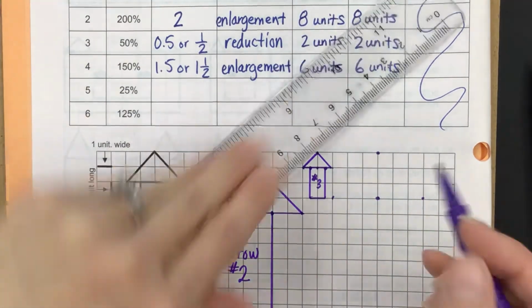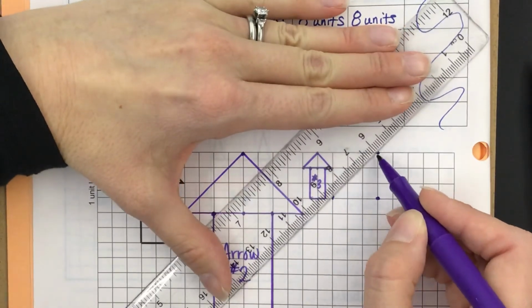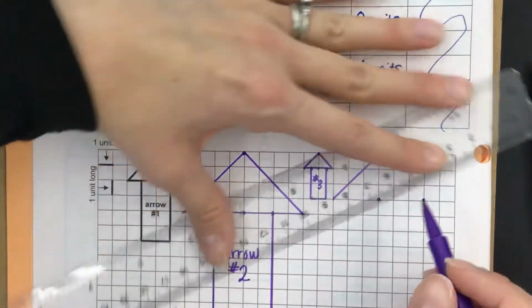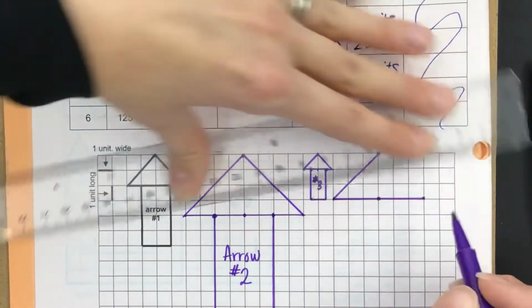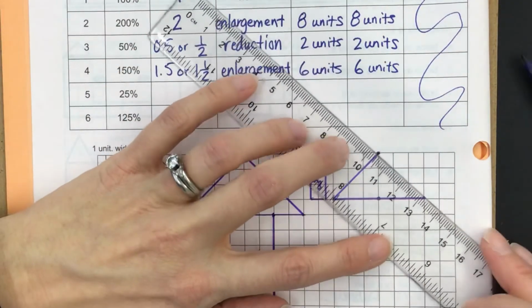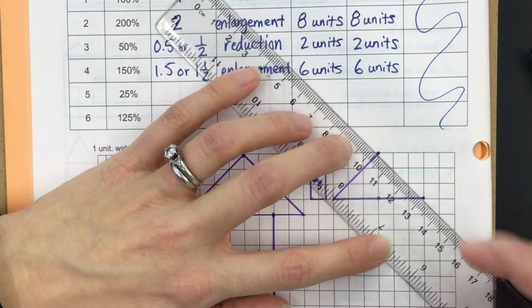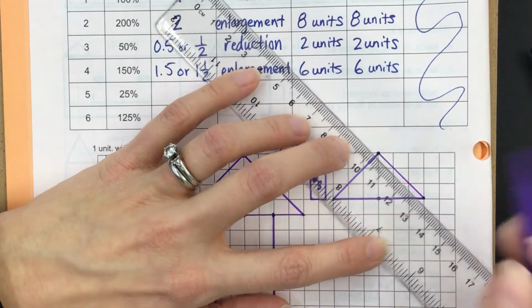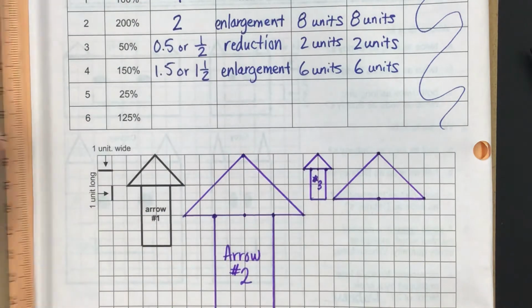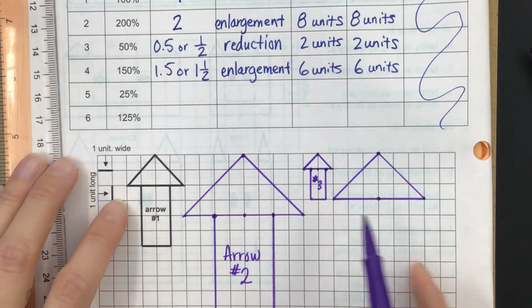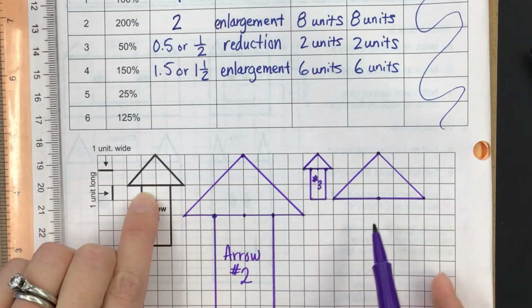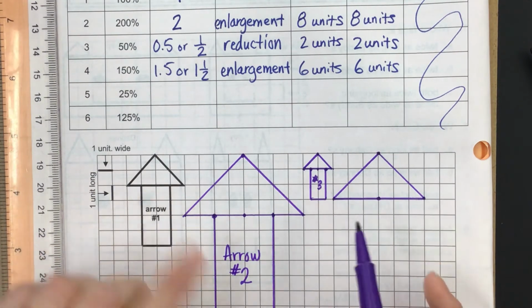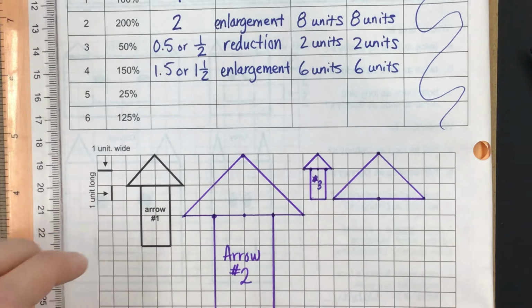just to guide me. Now I know that this is 2 wide here, so that means this one's going to be 3 wide, but I'm going to focus on my little overhangs first.